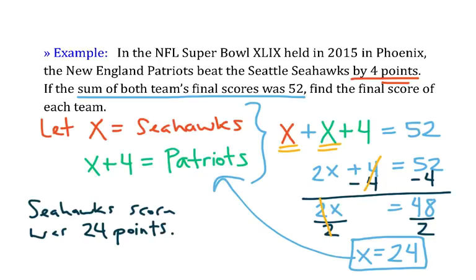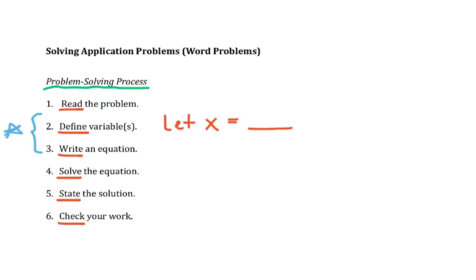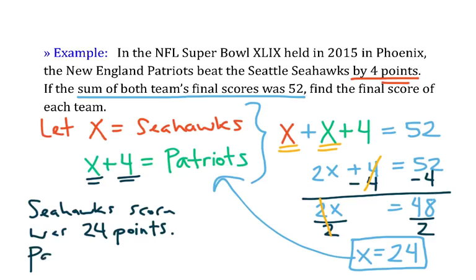And if that's the Seahawks, how do I find the Patriots? Well, we said take the Seahawks score and add 4. So 24 plus 4 more tells us that the Patriots had 28 points for their final score. And that would be basically interpreting our solutions so that we know what we found.